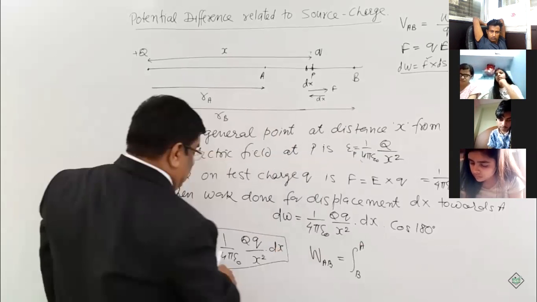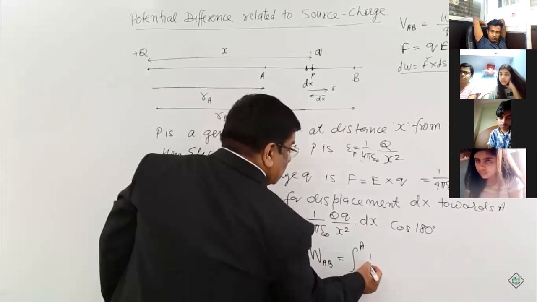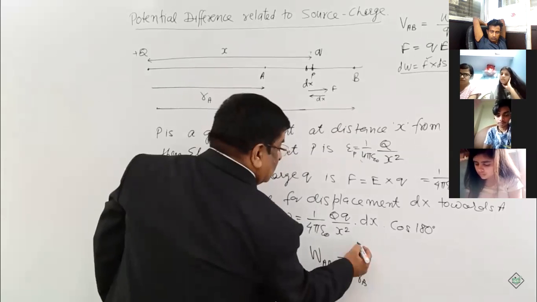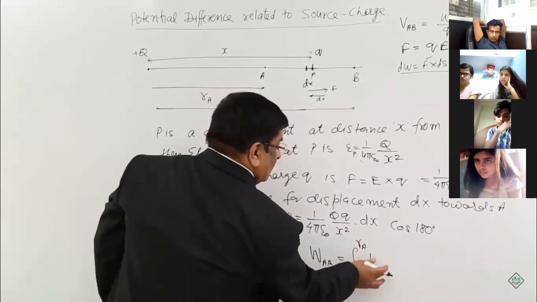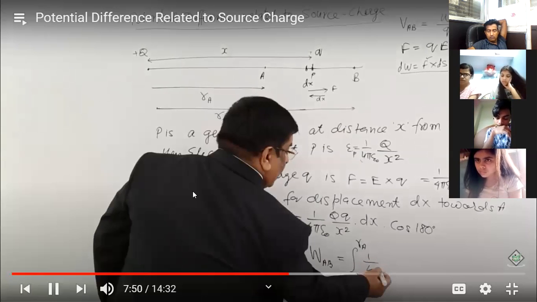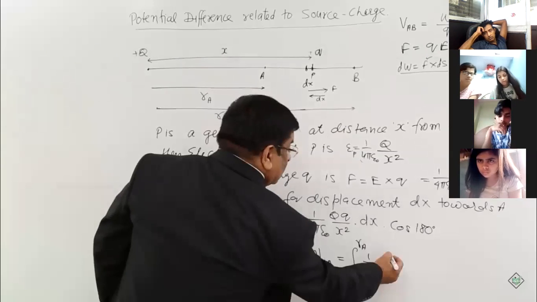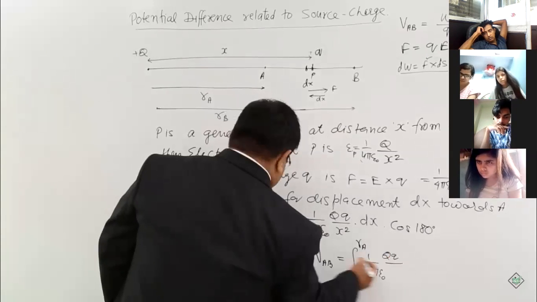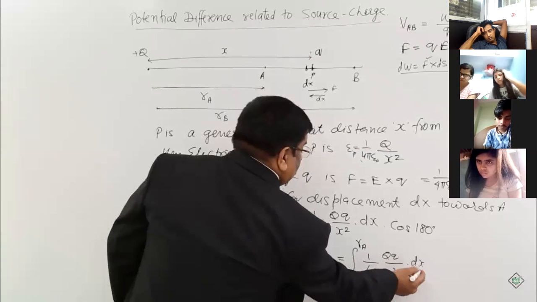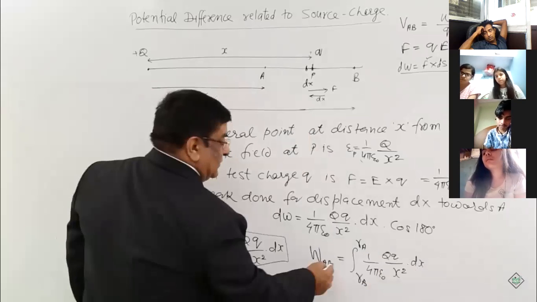This dW. This I should write from RB to the distance RA, and integration is to be done for 1 upon 4 pi epsilon naught into Q upon x square into dx, which is the value of dW. So integration of dW is total work done.